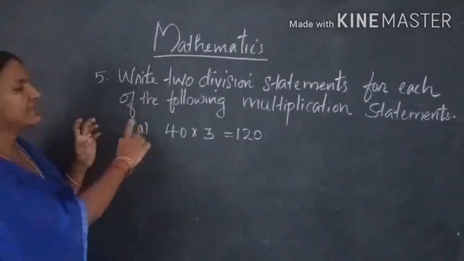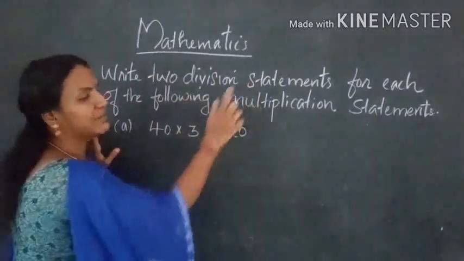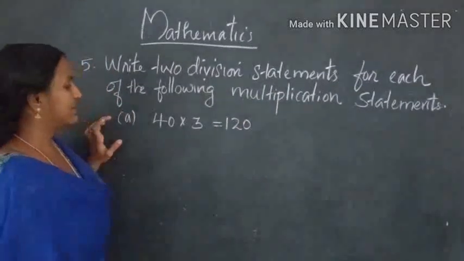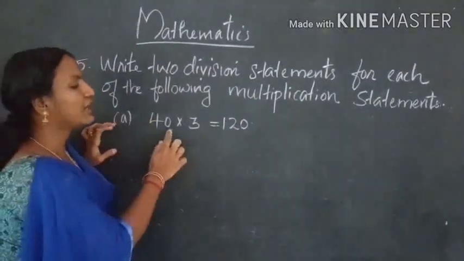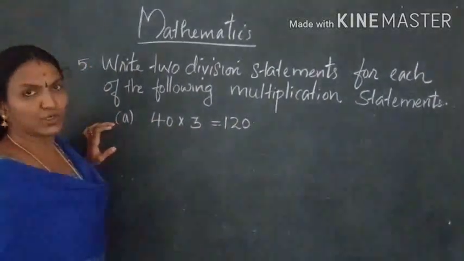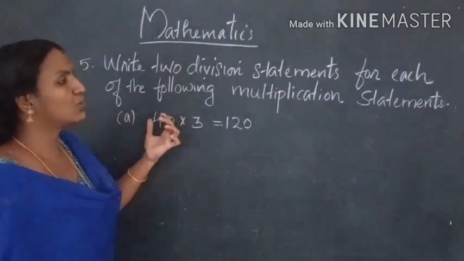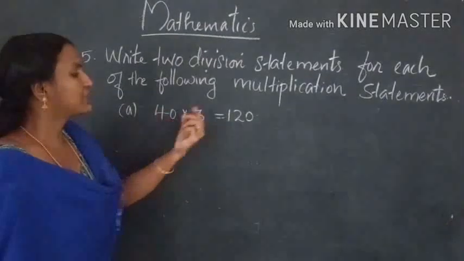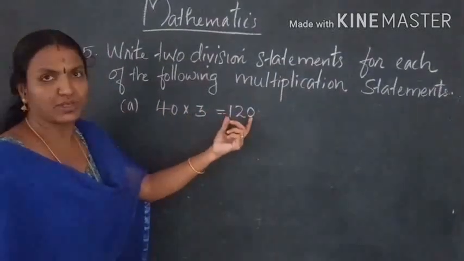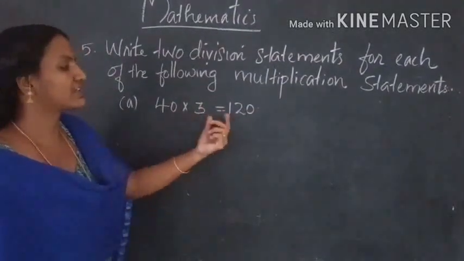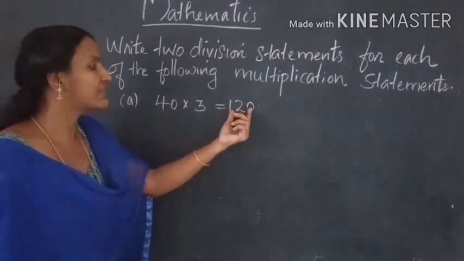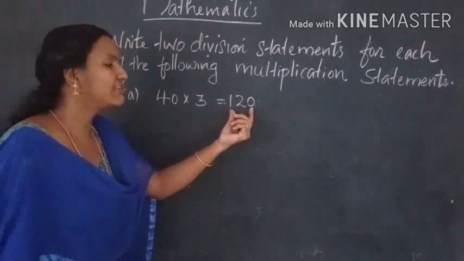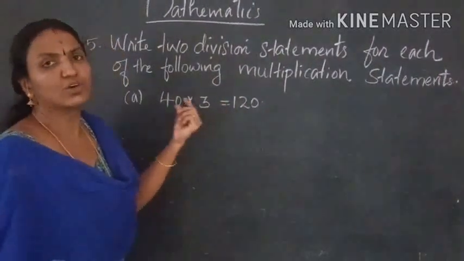The next question, write two division statements for each of the following multiplication statements. Question number A, 40 into 3 is equal to 120. We have to write two division statements. Here, the multiplication of 40 and 3 is 120. So, how to write the division statement? 120 divided by 40 is equal to 3 and 120 divided by 3 is equal to 40.